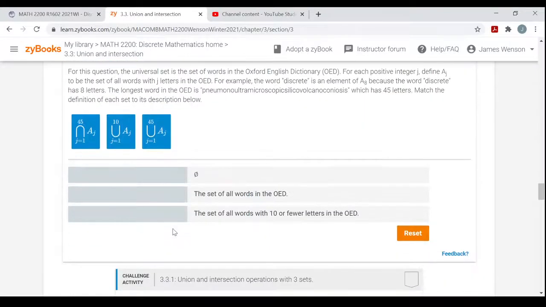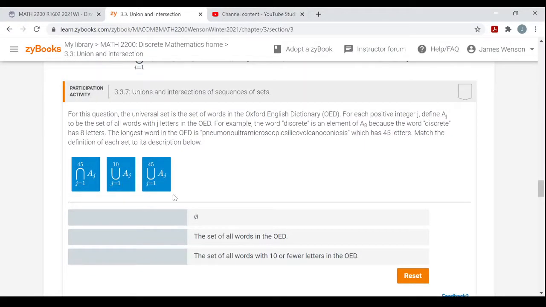So let's just look at this one example here. For this question, the universal set is the set of words in the Oxford English Dictionary. For each positive integer j, we'll define set A sub j to be the set of all words with j letters in this dictionary.